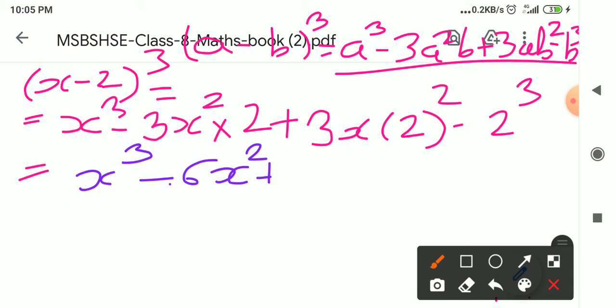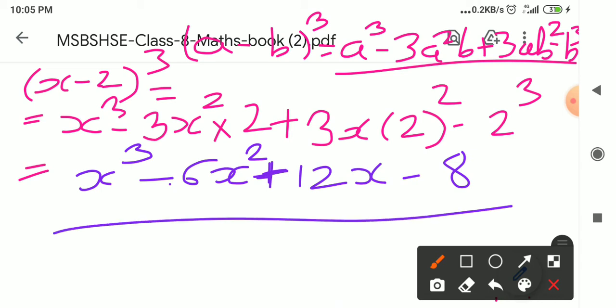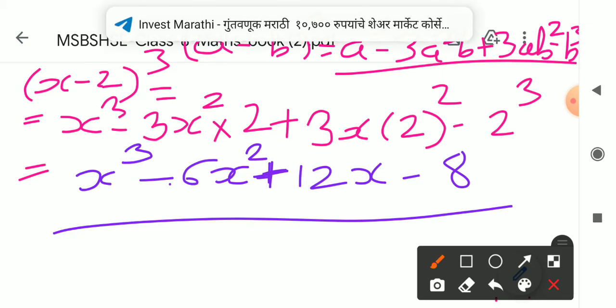You can add one more step, otherwise you can write as it is, no problem. 4 3s are 12, so 12x, and minus 2 cube is 8. So this is the factorization of (x minus 2) whole cube according to the formula: (a minus b) whole cube is equal to a cube minus 3a square b plus 3ab square minus b cube. In this way all of you solve the example using the factorization formula.